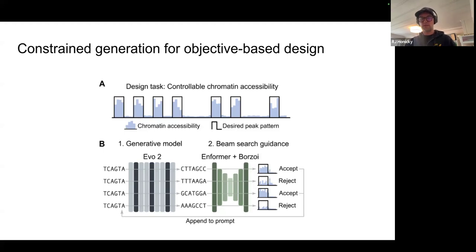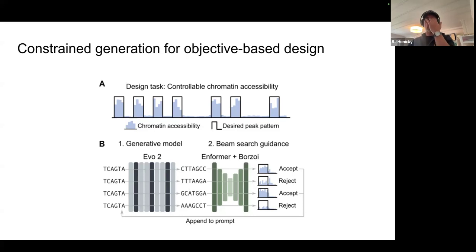So what they did was they sampled sequences, and then they use this, you can just think of this as a classifier. Basically, is this region accessible or not? And then they accept some and reject some, and then they chop out the rejected part according to the criteria, take only the accepted part, and then generate from there on, and just keep iterating on that.